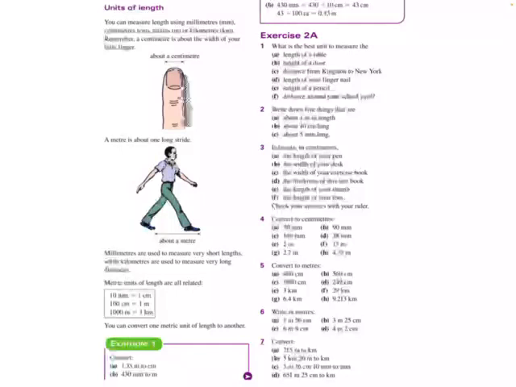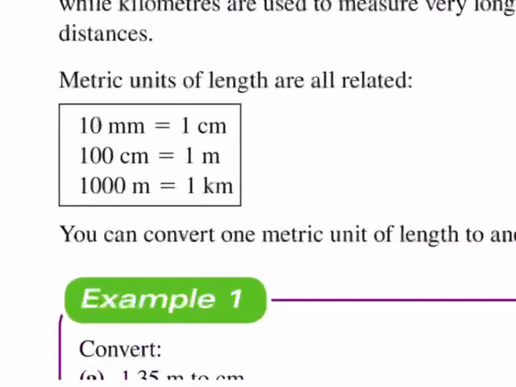So if I say 3 centimeters, I start somewhere and I end somewhere else. That is a length. The second thing is you can change the length. Meaning, you can say 10 millimeters is exactly the same thing as 1 centimeter.